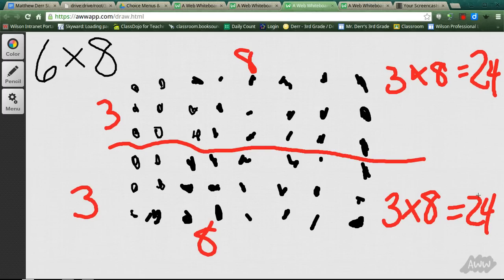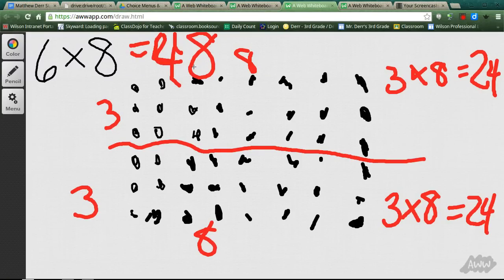Now again, just take those two 24s, combine them together, and you don't get 24, you get 48. So 6 times 8 equals 48. Again, that was just using the strategy of breaking your larger array into smaller problems.